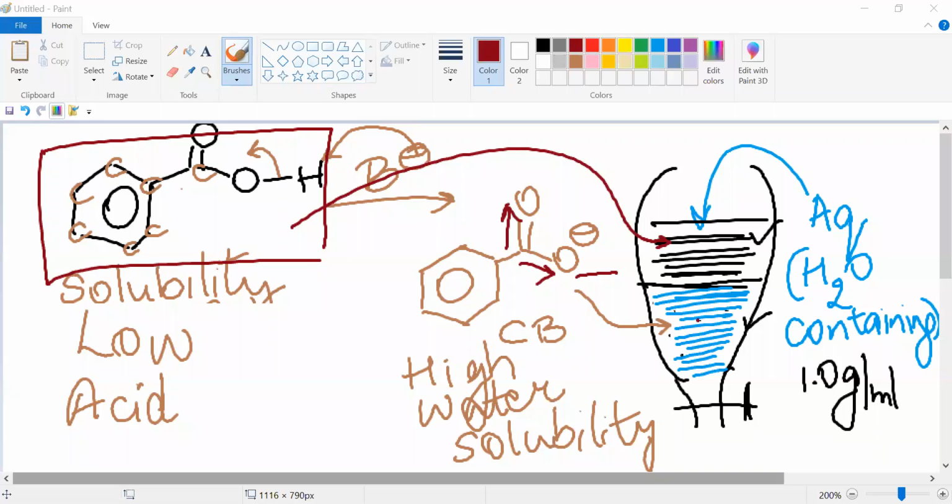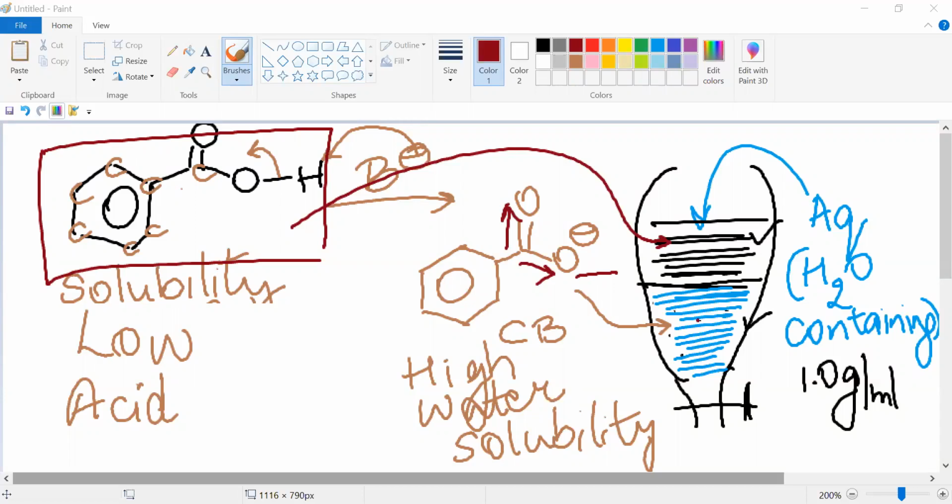So because of the bulk in this benzoic acid, the solubility is low, whereas because of the change in polarity and the charged species, the solubility in water increases.